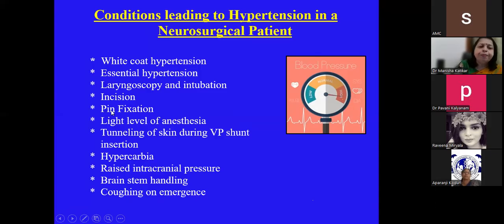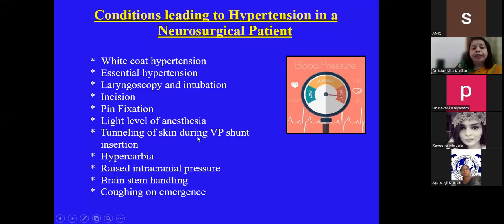These are very important times in the beginning of surgery when you need to increase your depth of anesthesia by giving boluses of propofol, by giving additional opioids, and you need to control mean arterial pressure, because a sudden increase in mean arterial pressure during incision, during laryngoscopy, during pin fixation can be very hazardous to the patient.